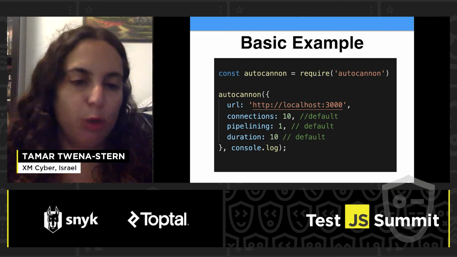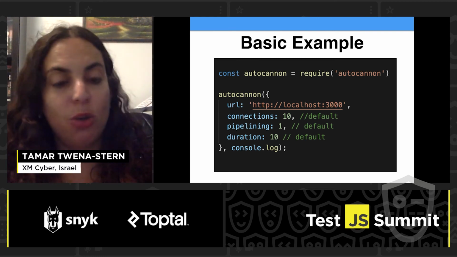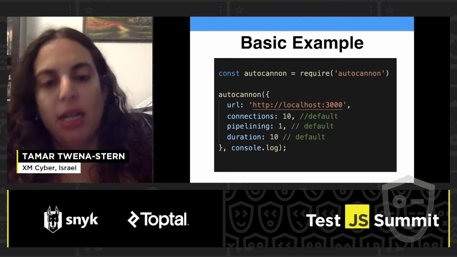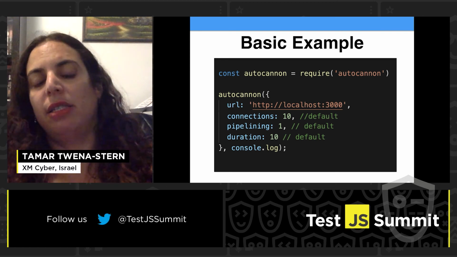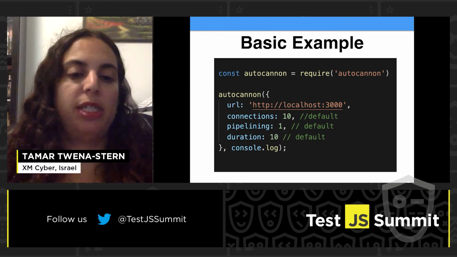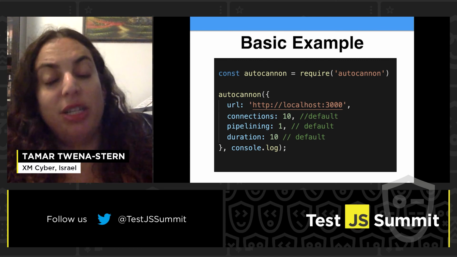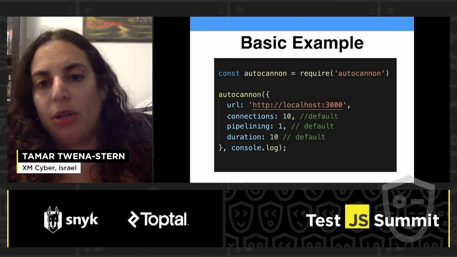At the end of the run, we're printing the results. Here I have 10 concurrent connections. I don't do HTTP pipelining, meaning that it sends a request and waits for a response before sending another request. And the duration here is 10 seconds. And this is how you can simulate load.